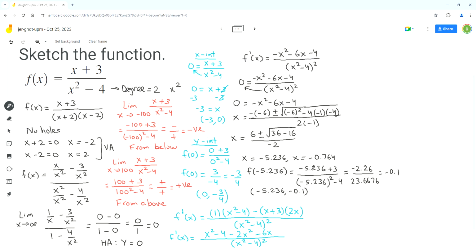Now we can sub in x as negative 0.764 to find the second critical point.